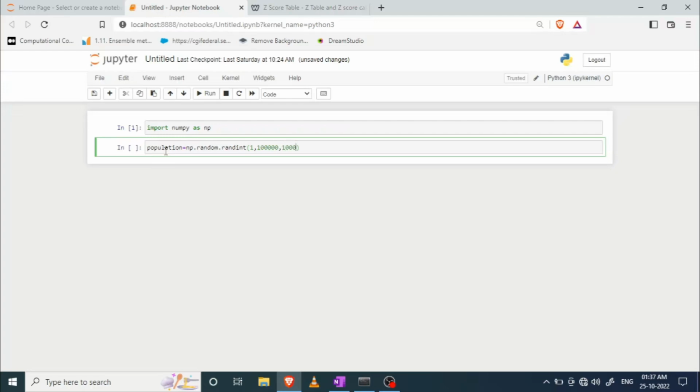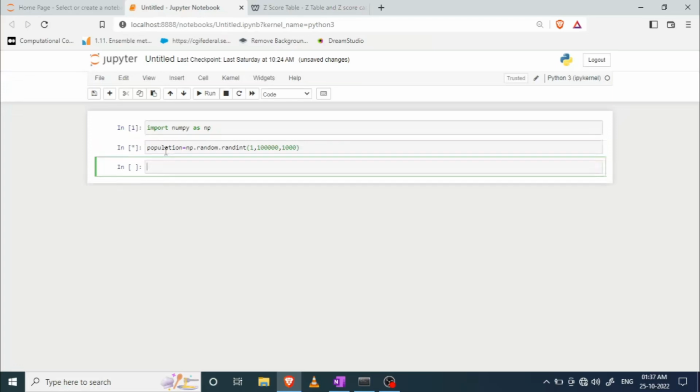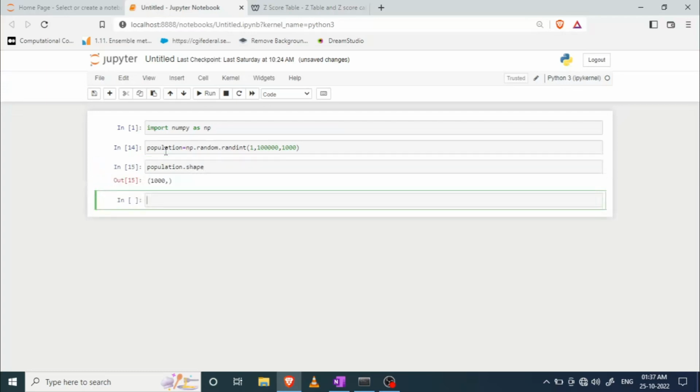I create 1000 data points for the population, and as you can see here, there are a total of 1000 data points in the population. Now I'm going to create a sample, but before that, let me show you the mean.